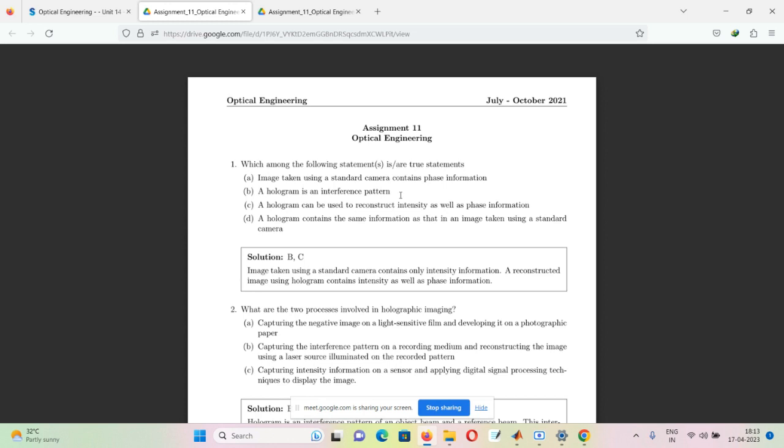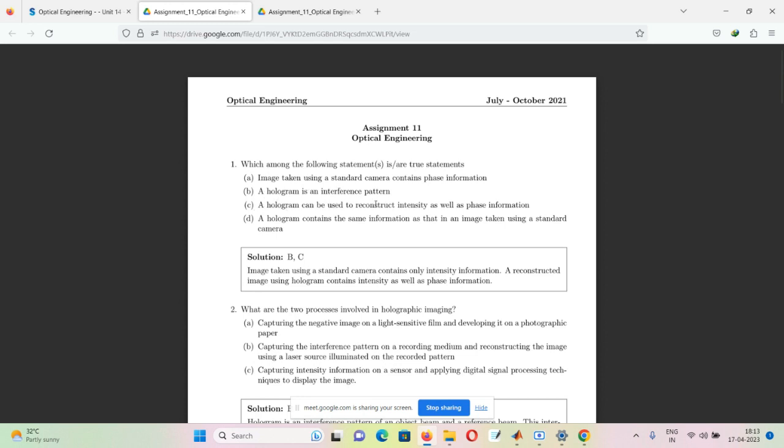If you see a normal hologram with your normal eye, you may not even distinguish whether it's a proper hologram, because it is an interference pattern of light coming from an object as well as a reference beam. That's the complex structure of the hologram. So option B is correct.